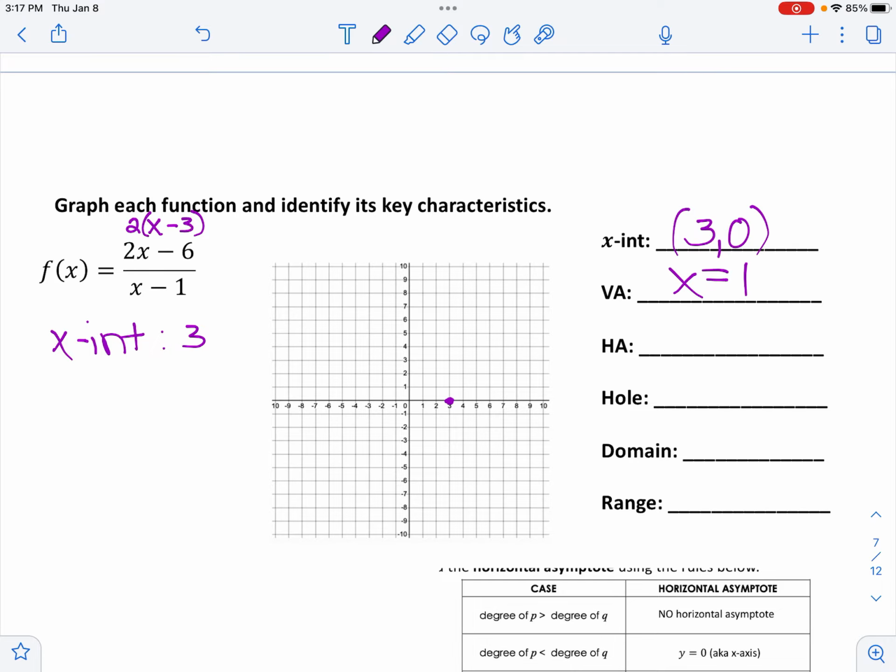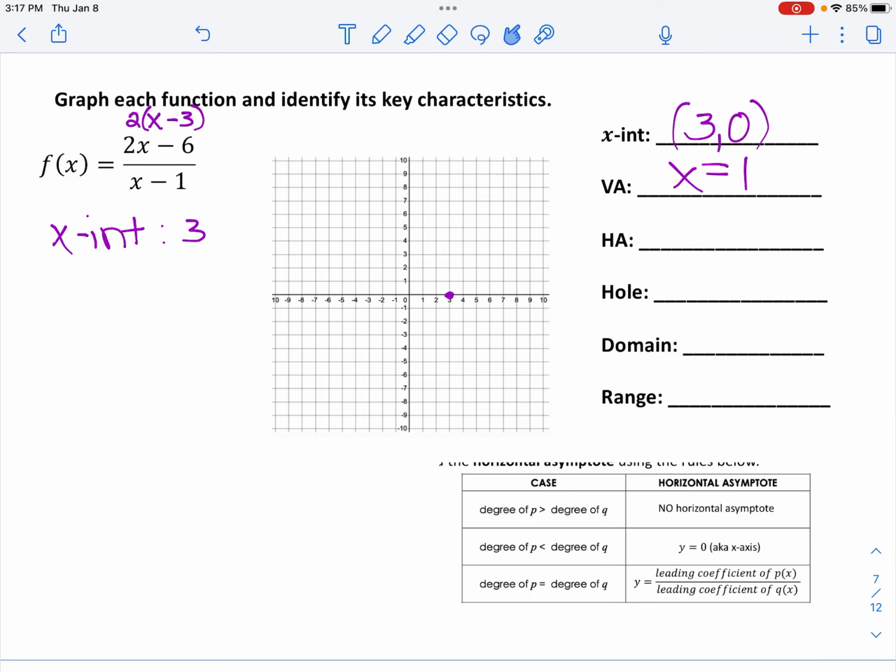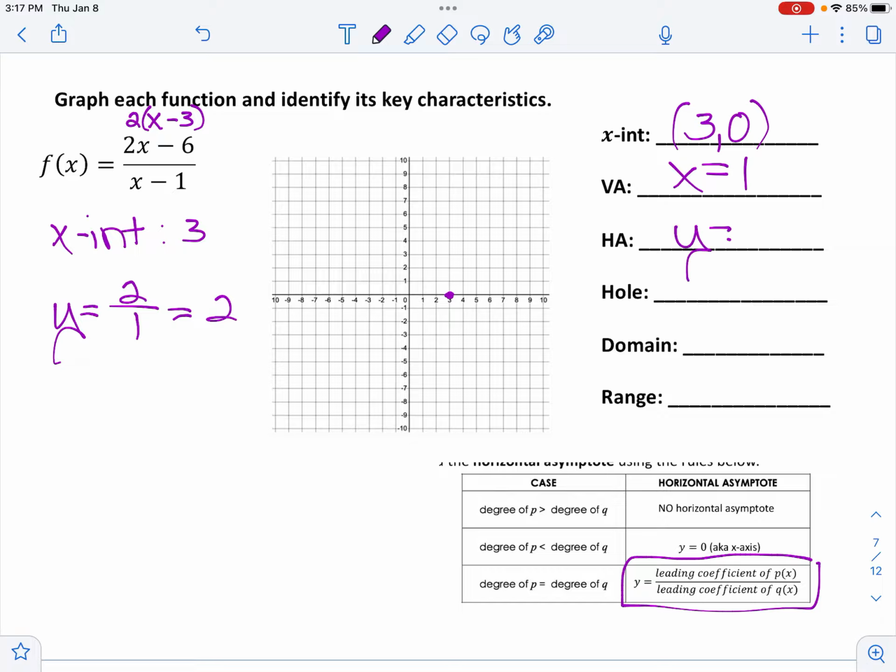And then your horizontal asymptote, again, the degrees are the same. They're both 1. So then I'm using this down here. My leading coefficient of the top would be 2. The leading coefficient of the bottom is 1, so that's 2. So my horizontal asymptote is at 2.